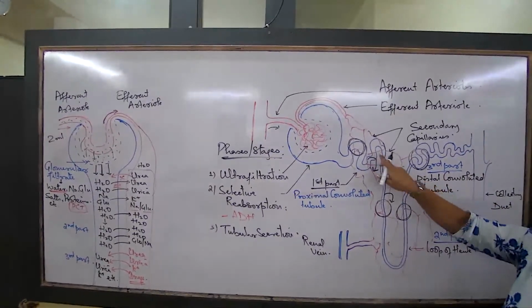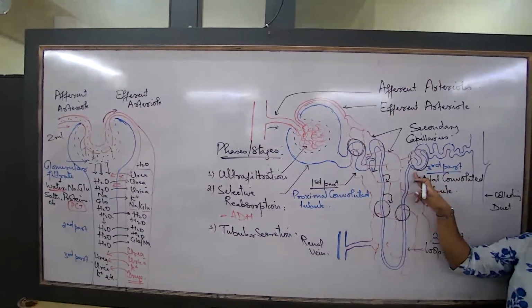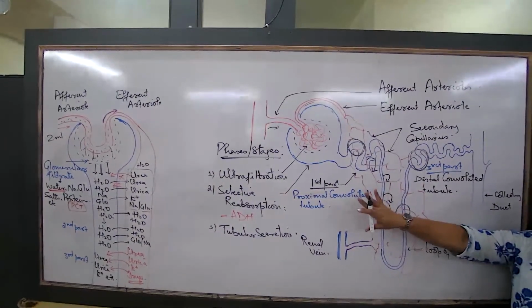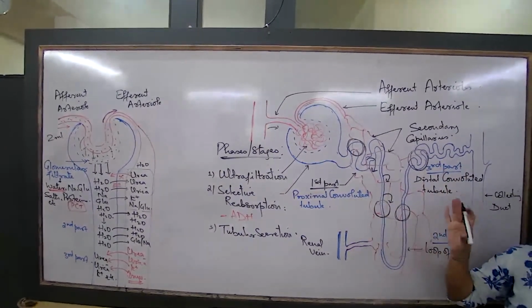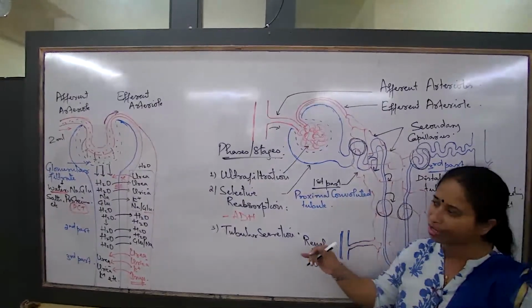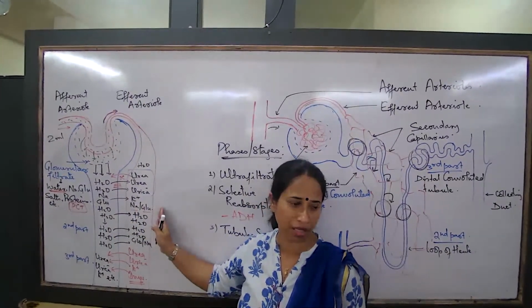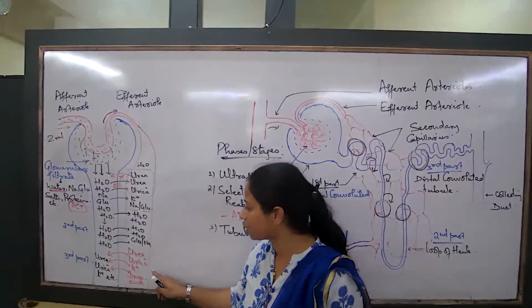So here in the PCT and in the loop of Henle, which process takes place? It is the selective reabsorption that takes place. What is meant by selective reabsorption? Movement of essential substances from the tubule towards the blood. And what is tubular secretion? What will you write?